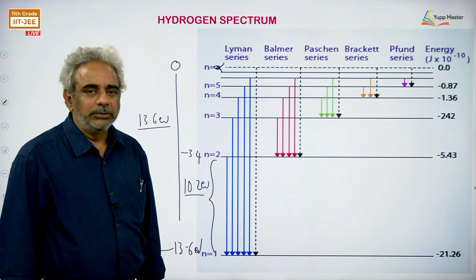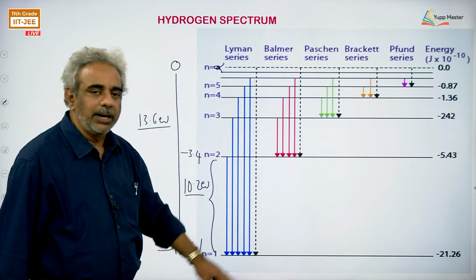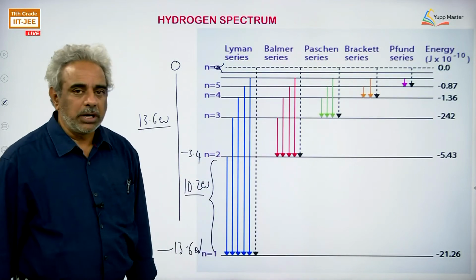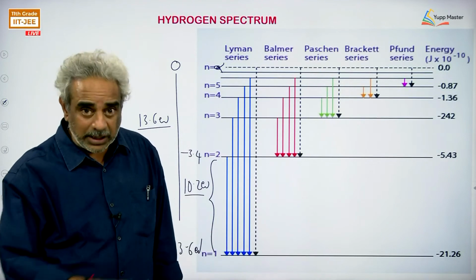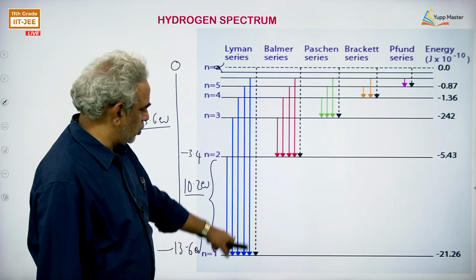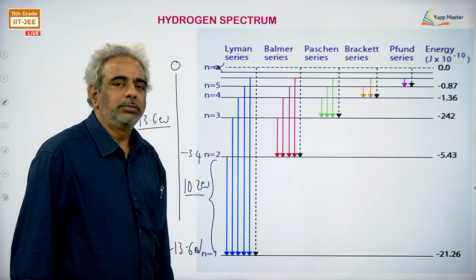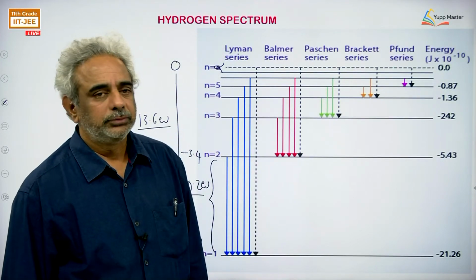ultraviolet light only. And this is the least energetic line, and this is the most energetic line. 2 to 1 itself is ultraviolet, and infinity to 1 will also be ultraviolet. So all the other transitions, 2 to 1, 3 to 1, 4 to 1, correspond to ultraviolet light.